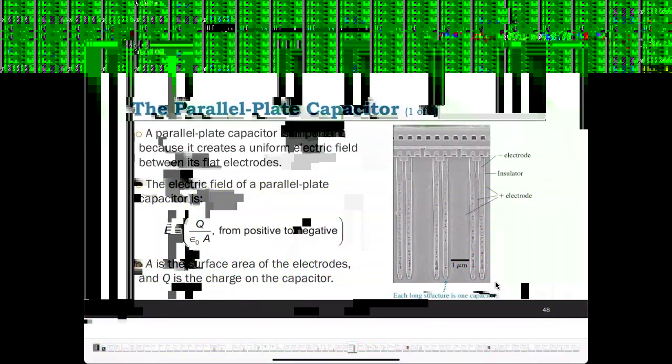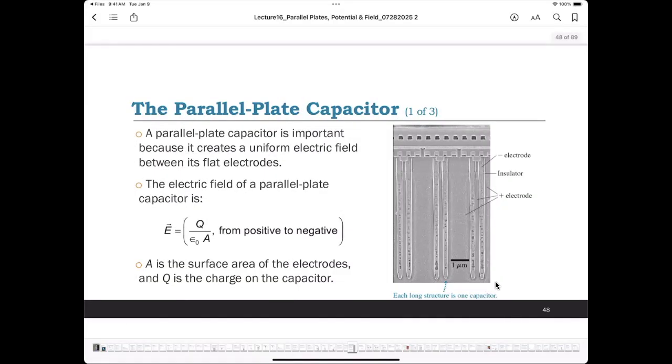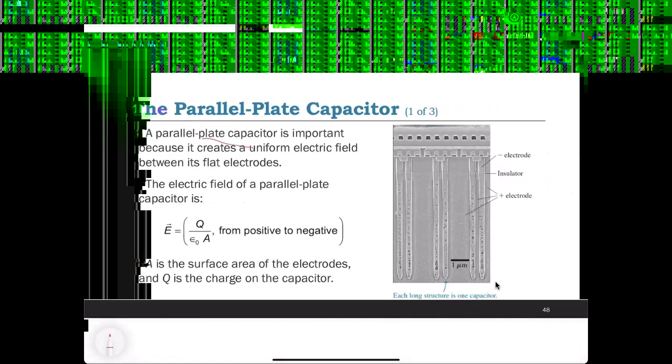Okay, let's talk about the parallel plate capacitor. A parallel plate capacitor is important because it creates a uniform electric field between its flat electrodes. We have already talked about this.